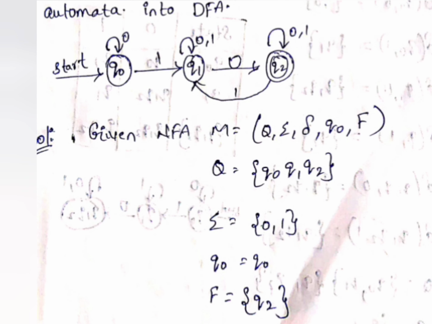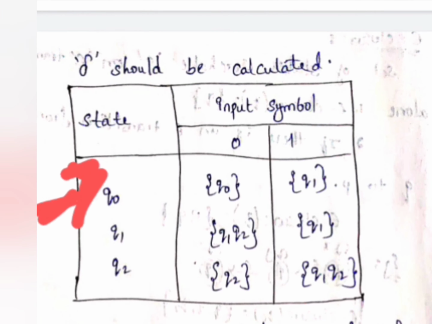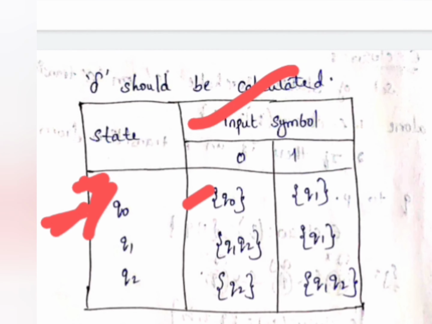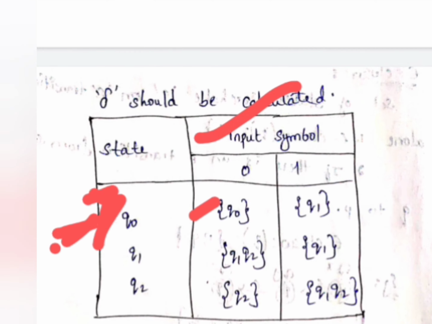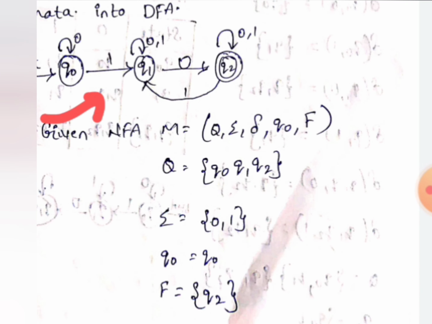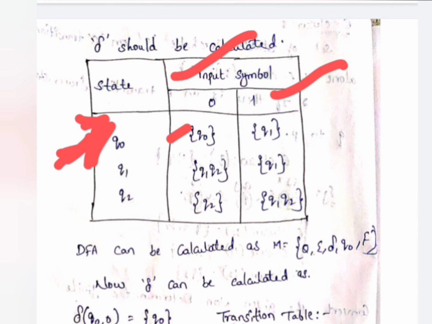With the state Q naught and input symbol 0, the path goes to a self loop. That means Q naught with 0 is Q naught. And Q naught with input symbol 1 moves towards Q1.